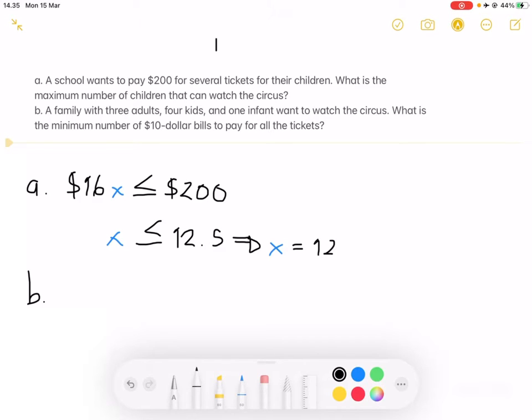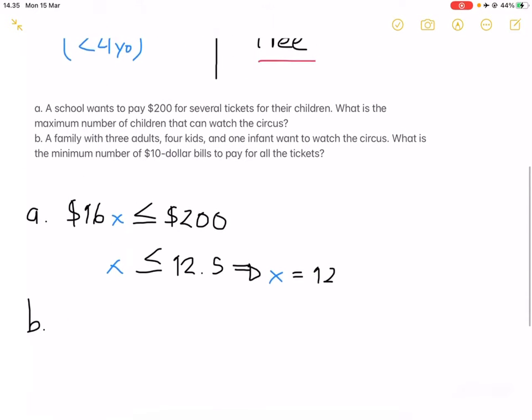Well, we can suppose another variable. Let the number of $10 bills be, let's say, A. So we can just form an inequality regarding the total cost of the tickets and the number of $10 bills and the total money that needs to be paid.